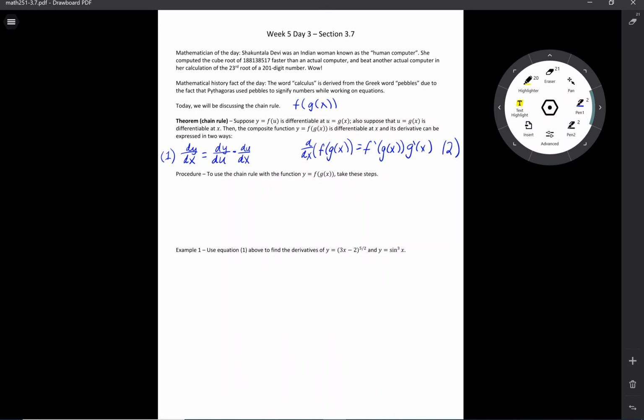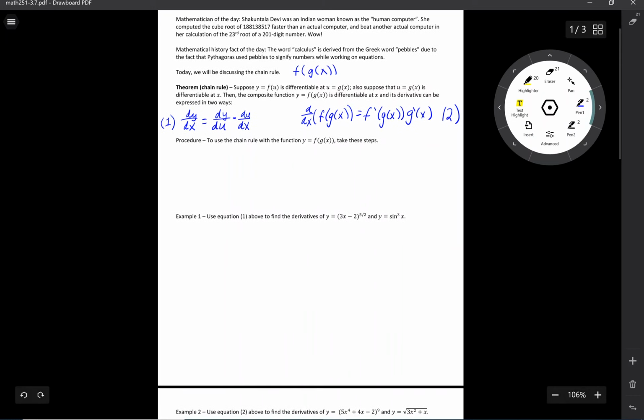So to use the chain rule with a function y equals f of g of x, we have some steps that we need to take. We first identify the outer function f and the inner function g.